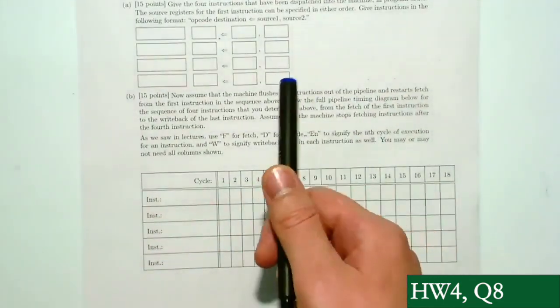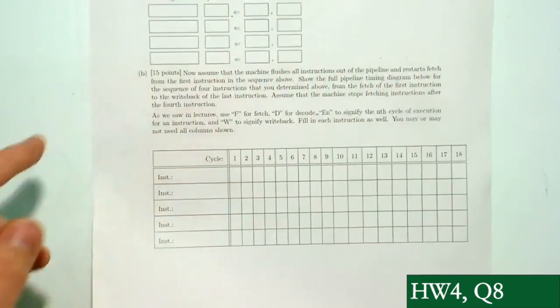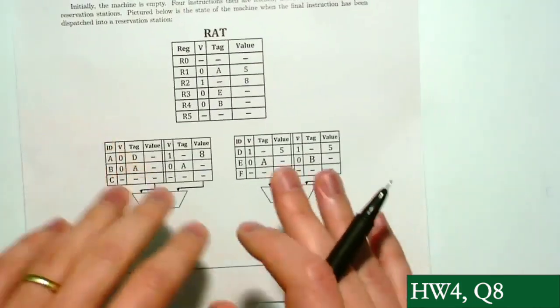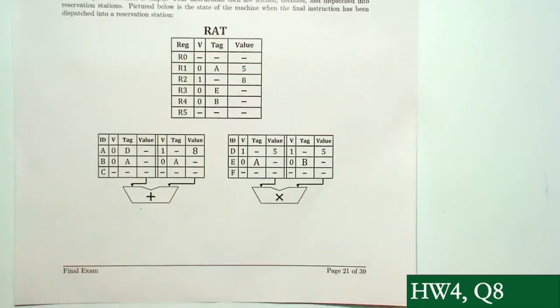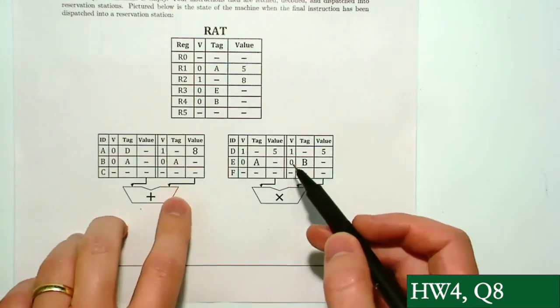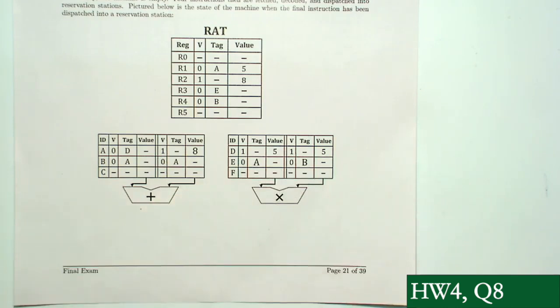So the first part is to find out what those instructions are, including the destination register, the type of instruction, and the source operands, the source registers. I will fill this table here on this side so we can see everything in one place. The first part is very simple: figuring out what the instructions are. You look at the tags over here in the reservation stations, and usually there's a dependency which helps you figure out which instruction comes first and which comes after.